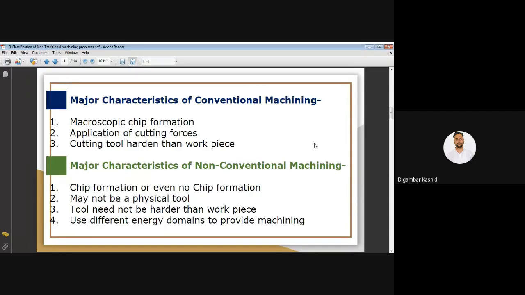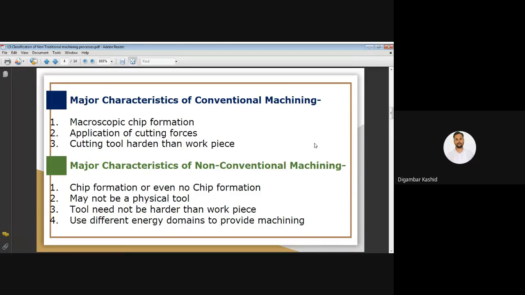In that, whatever material we remove from the workpiece is sometimes in the form of small microchips. Even sometimes, if you take the example of EDM or laser cutting, there is no chip formation. So here I have written that sometimes we may get chip formation, or even no chip formation.